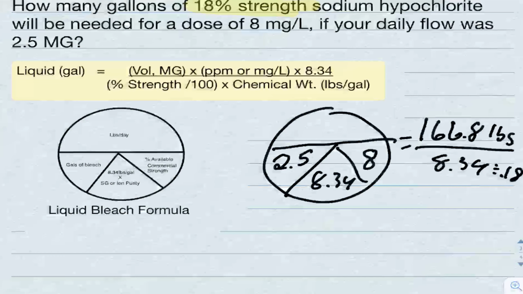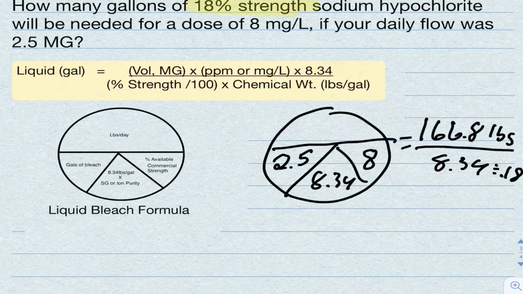So when you divide 166.8 pounds by 8.34 and then by 0.18, you will come out with 111 gallons. And that will be your answer.